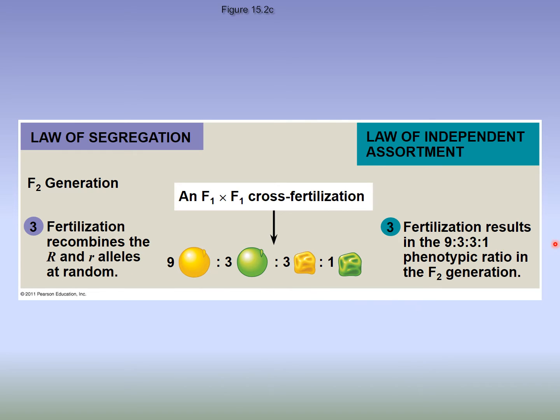And with the law of independent assortment, fertilization is going to ultimately result in the 9:3:3:1 phenotypic ratio as long as the alleles are not transmitted together, or the term is linked, which we're going to describe in a later segment for this chapter.